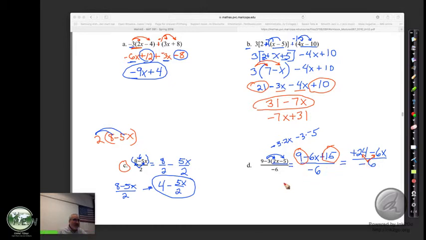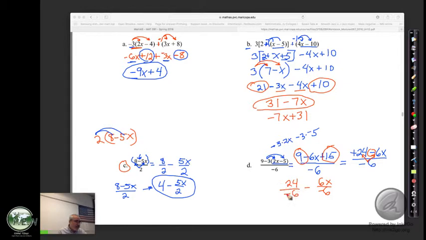So what we end up with is 24 divided by negative 6 minus, I take the minus from here, 6x over negative 6. 24 divided by 6 gives us what?